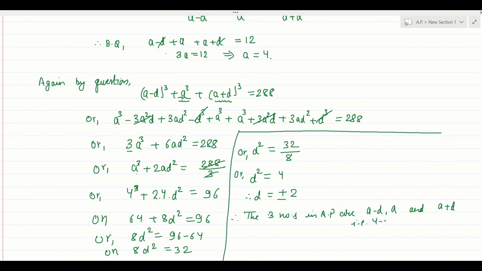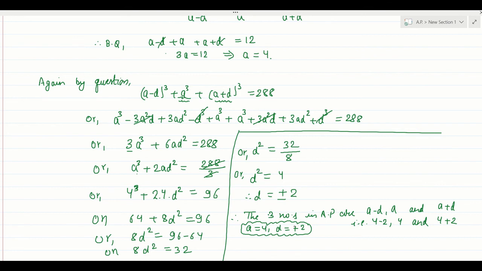So 4 minus 2, and again A, 4, and then 4 plus 2. Remember, here we have taken A as 4 and D as plus 2. You should mention it.